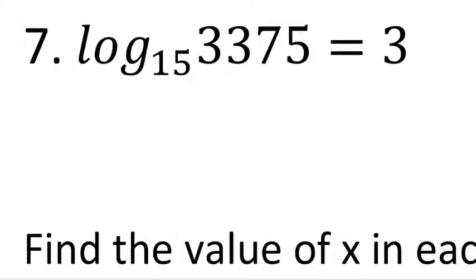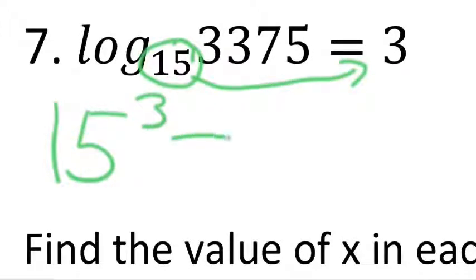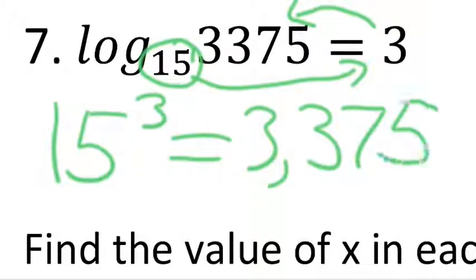For 7, our base is 15, so that is the first thing we're going to write. Raise it to our 3 and make it equal to the value that we took the log of, which was 3,375.